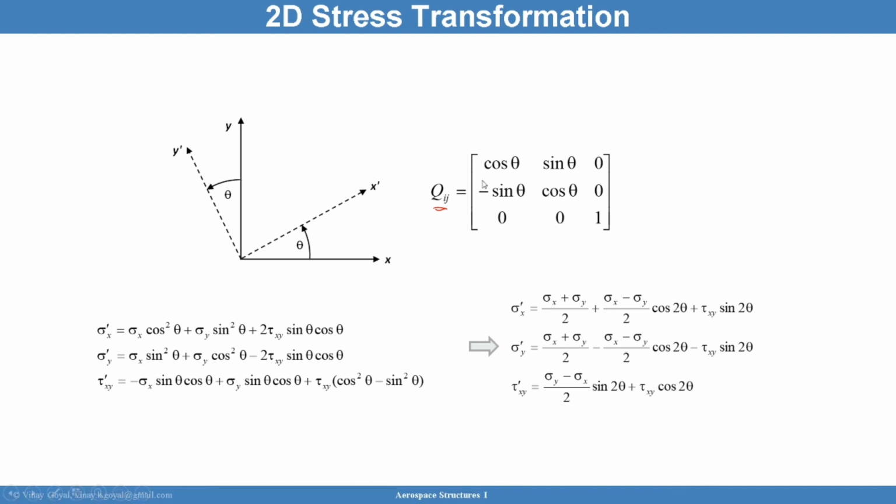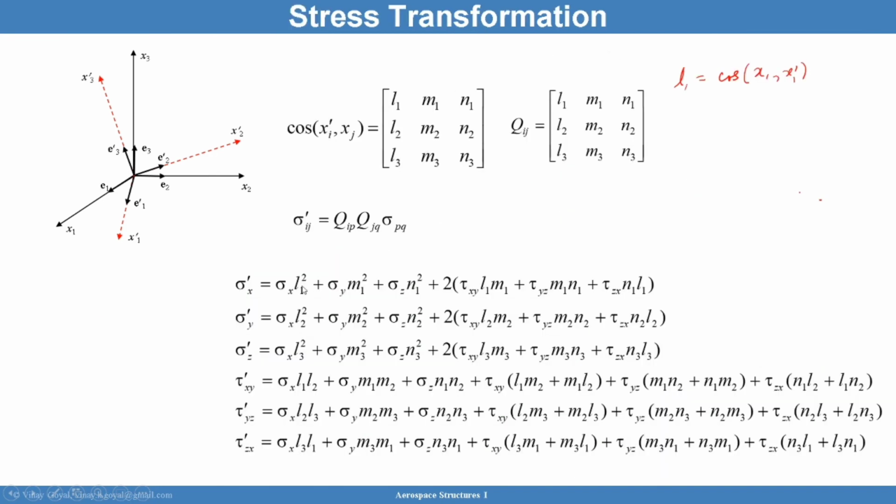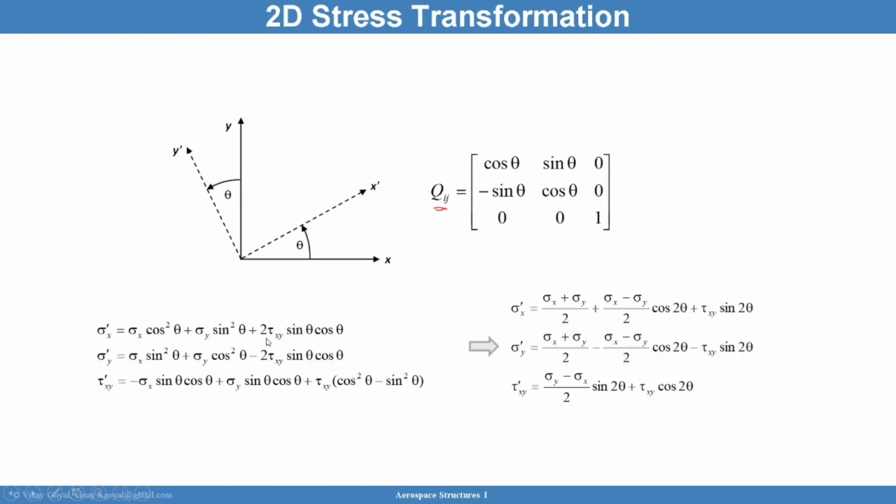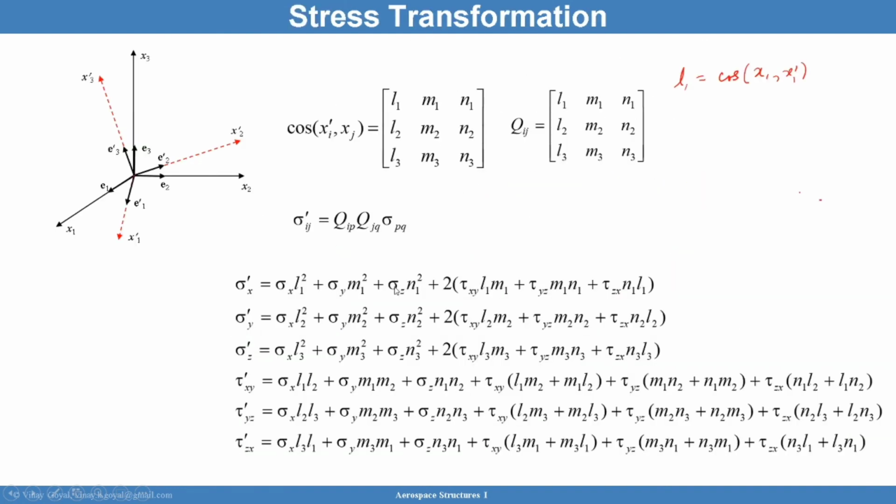What I will do now is insert this into this expanded notation here. You can see that I'm only looking at 2D stress transformations, so sigma z is 0, and as a consequence, this term is 0, this term is 0, this term is 0.